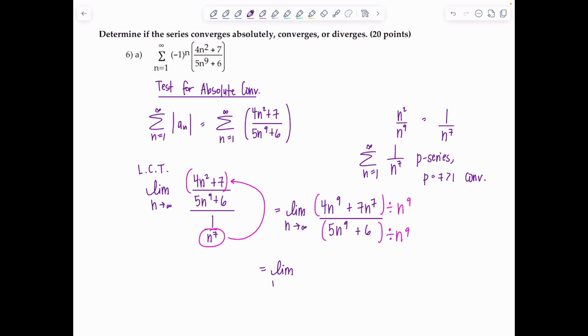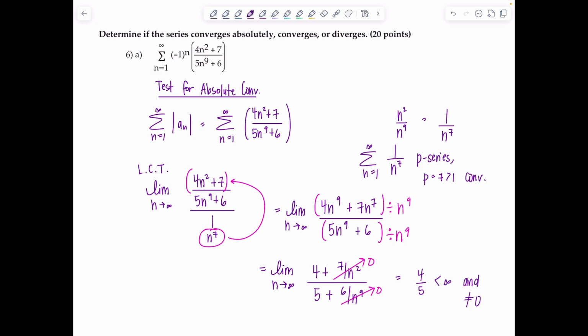And then this is the limit, n goes to infinity, of (4 plus 7 over n squared) over (5 plus 6 over n to the 9th). So these two terms go to 0. I'm left with 4/5. What do I care about 4/5? All I care is that this is finite and not 0.